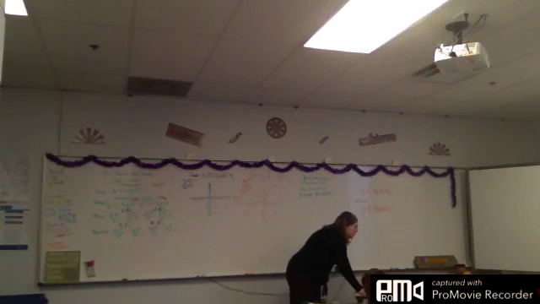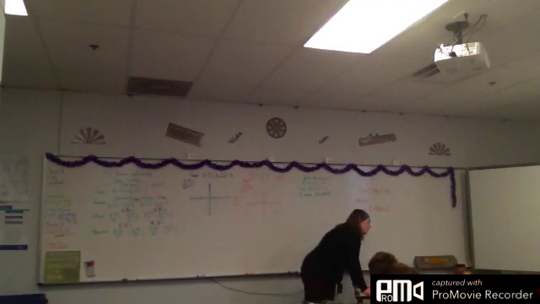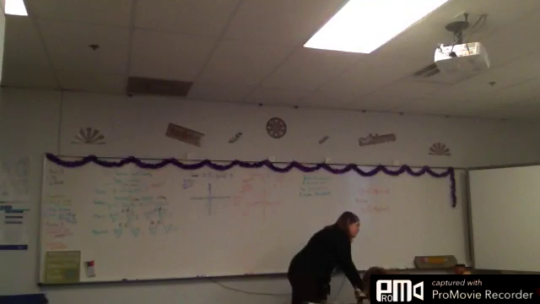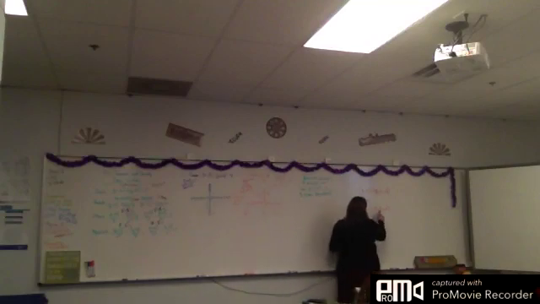What is the point for your foci? -4, 3. How far away is it from the vertex of -2, 3? 2. So what's your p? 2. So if I plug 2 into p, I get 2 times 4, which is 8, and that's your equation.